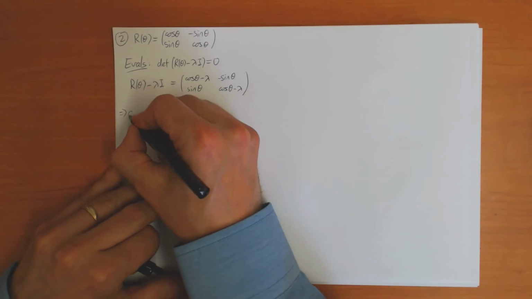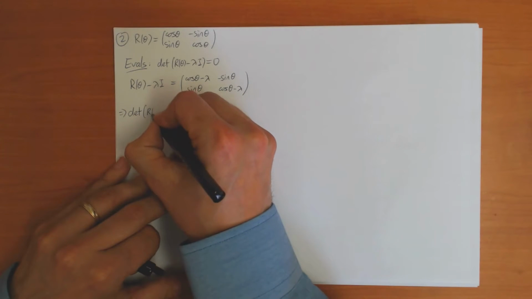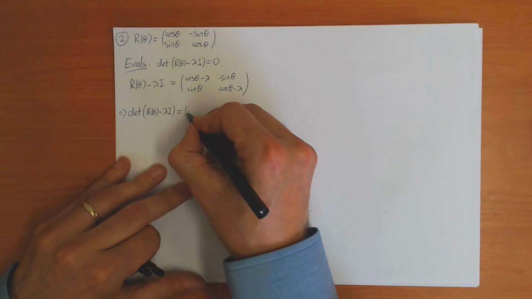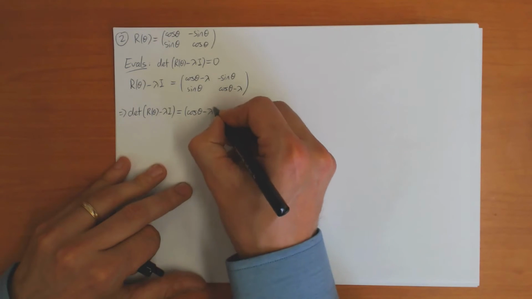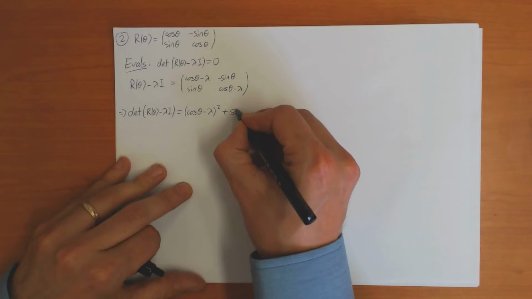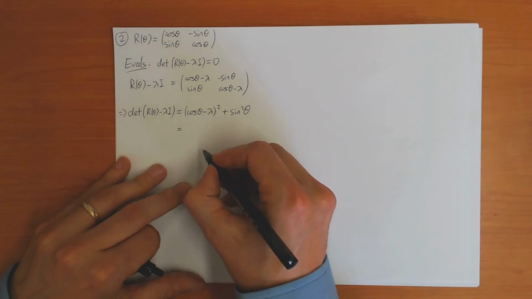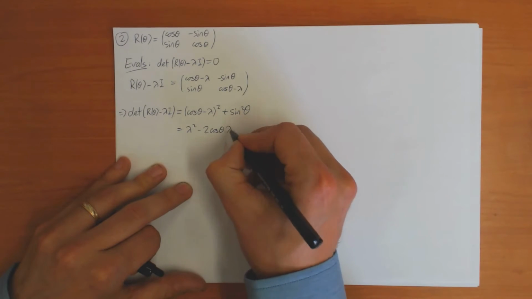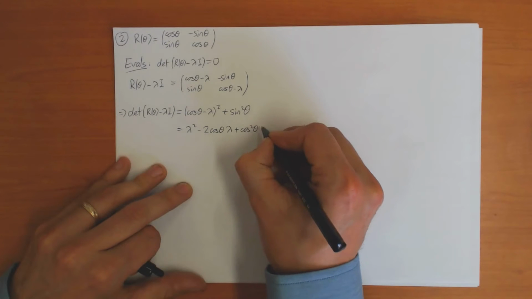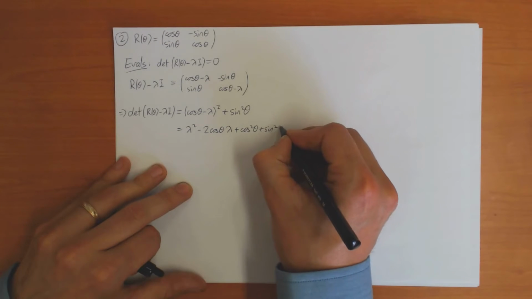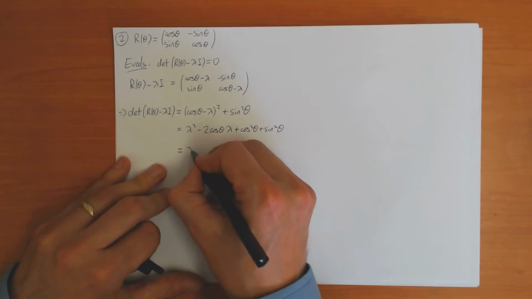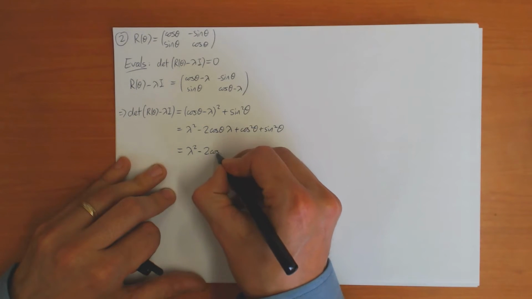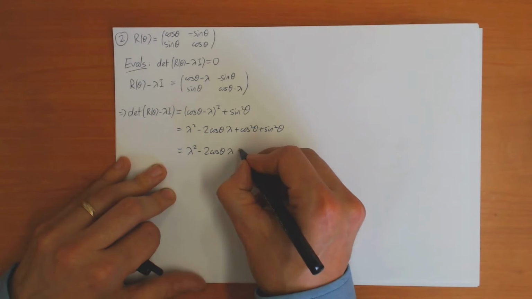Okay, so therefore the determinant of this is cos theta minus lambda squared plus sine squared theta, which is lambda squared minus 2 cos theta lambda plus cos squared theta plus sine squared theta, which is lambda squared minus 2 cos theta lambda plus 1.